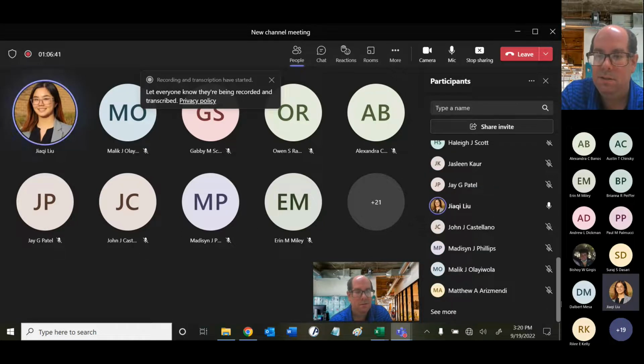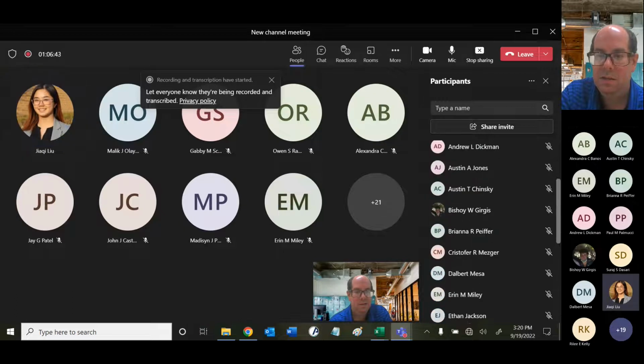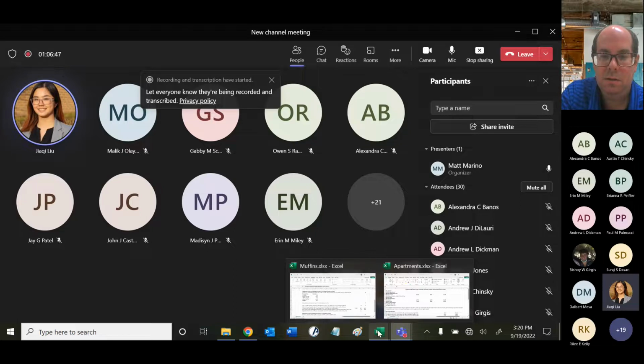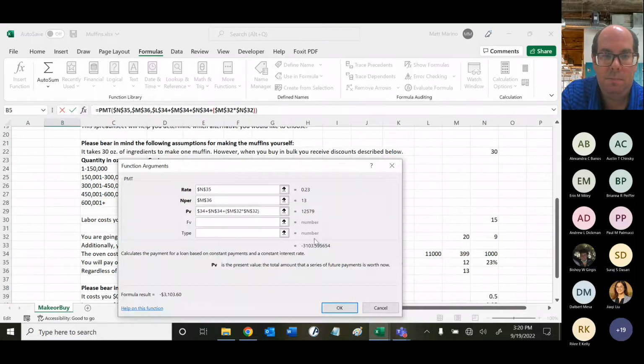Quick question. Okay. So is the present value like all the money you spend pretty much buying the equipment then? Yep. Okay. Thank you. And then the rate and number of payments basically tells you what it is with the interest.